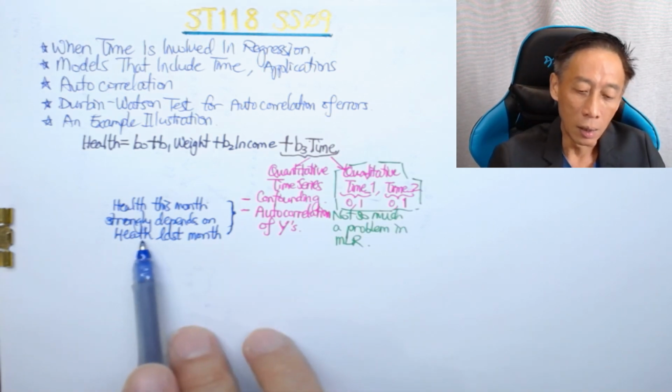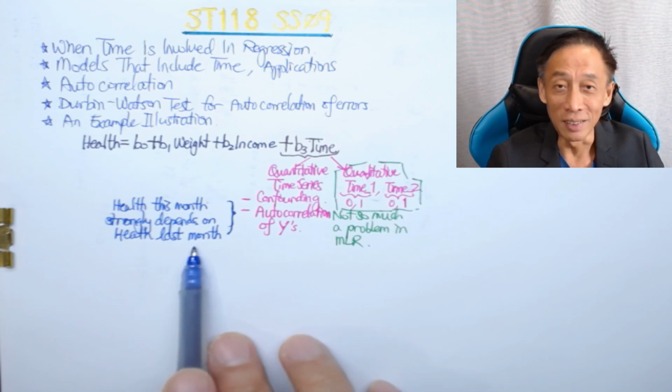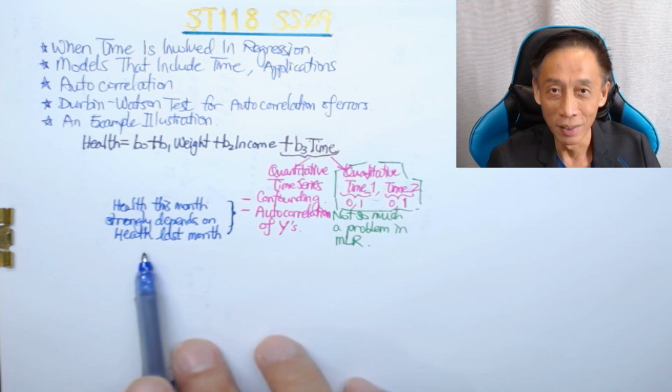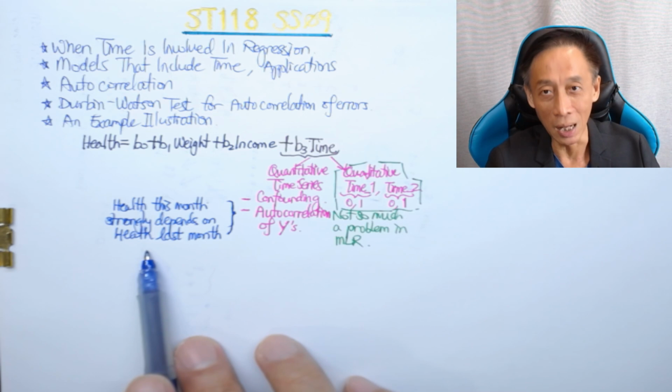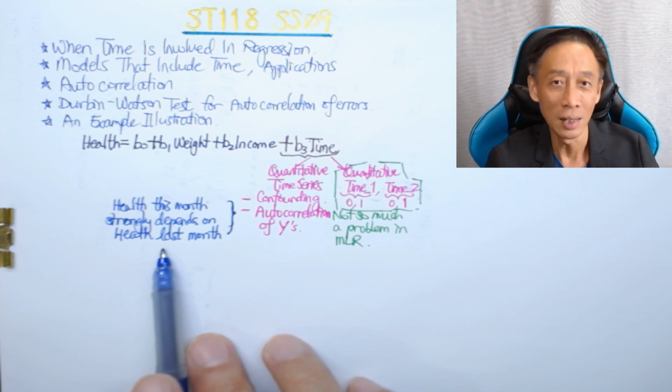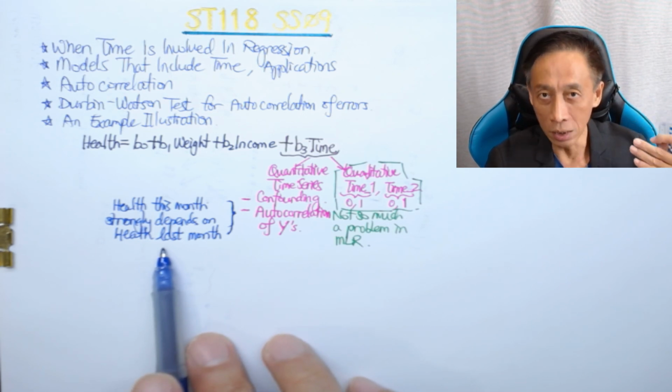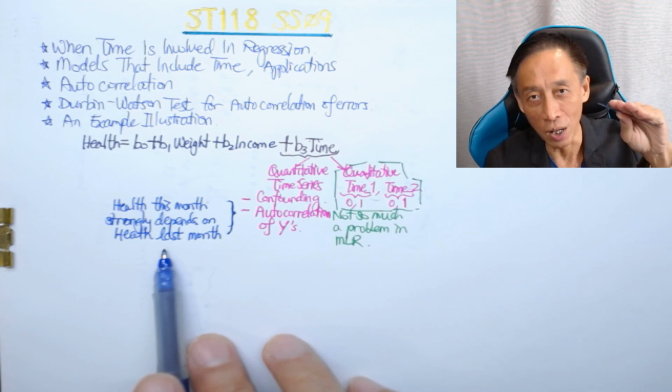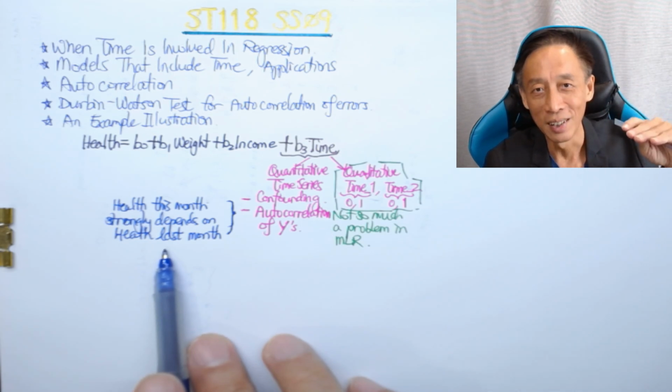So a baby's health next month is of course highly dependent on the previous month's health. A healthy baby next month can become slightly less healthy, or a little bit healthier.